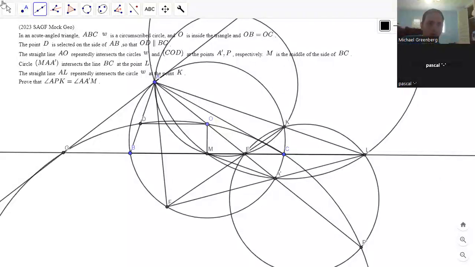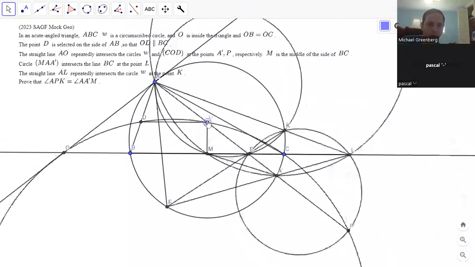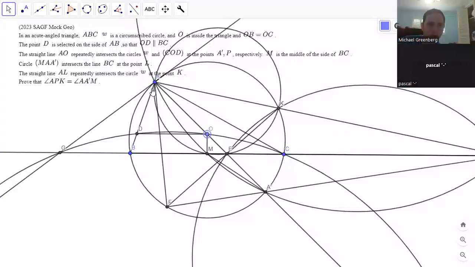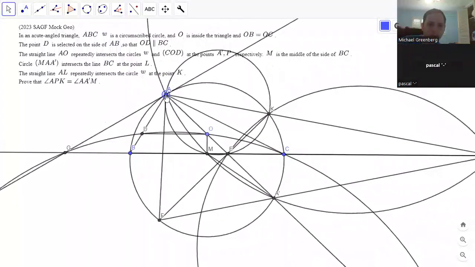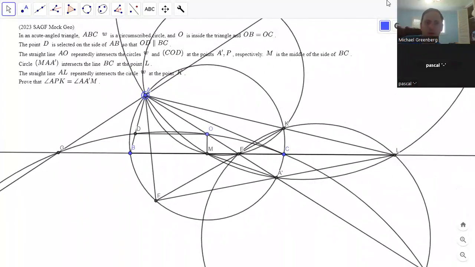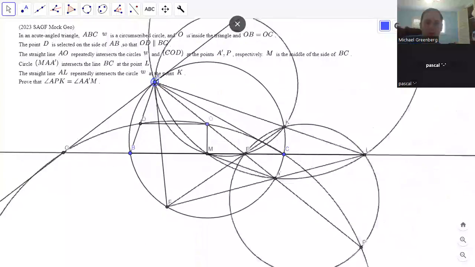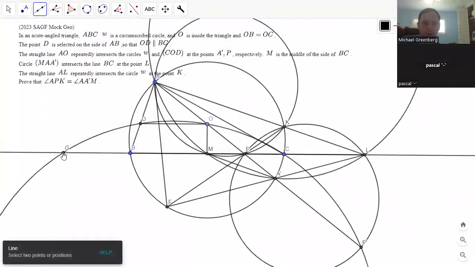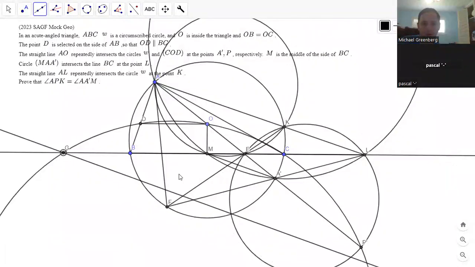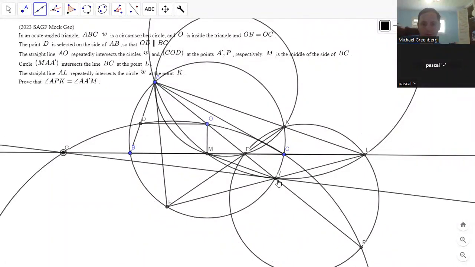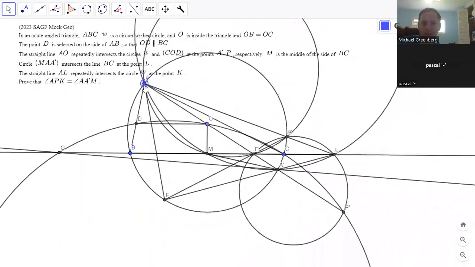I doubt that that's tangent. Just try it out. Yeah, it's not tangent. That almost looks tangent, but yeah, it's not.